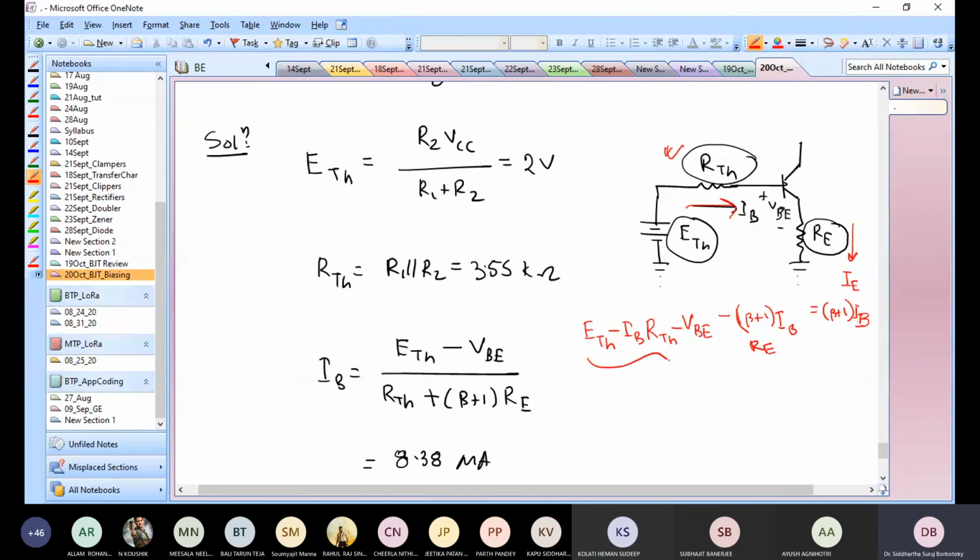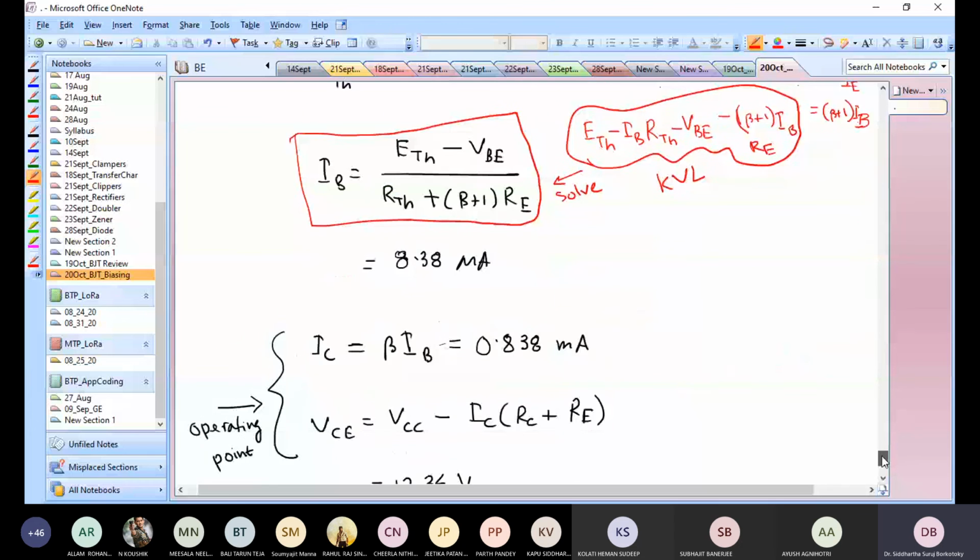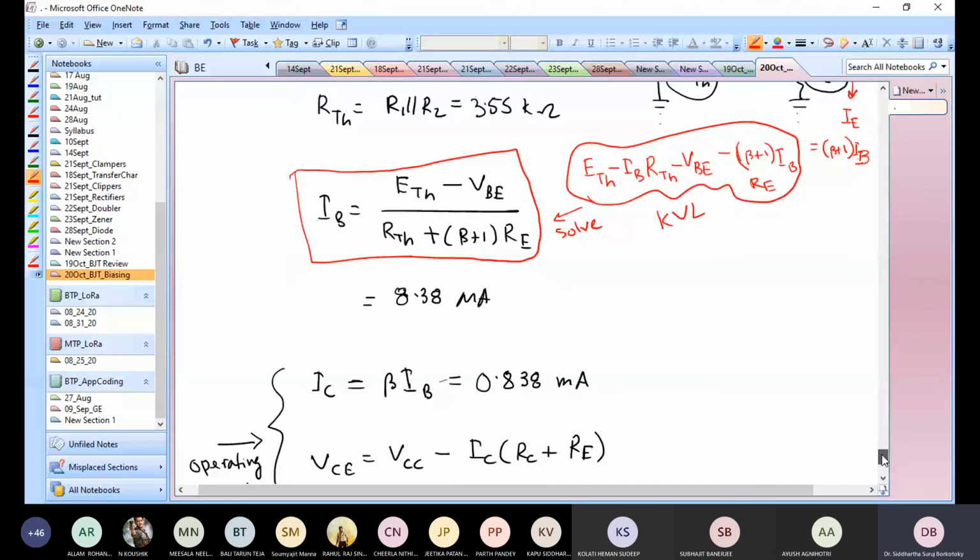So I'll solve this equation for IB. So this is the KVL equation, and if I solve it, I will get this IB. Then I substitute all the necessary parameters, because I know every parameter here, and I solve for IB.